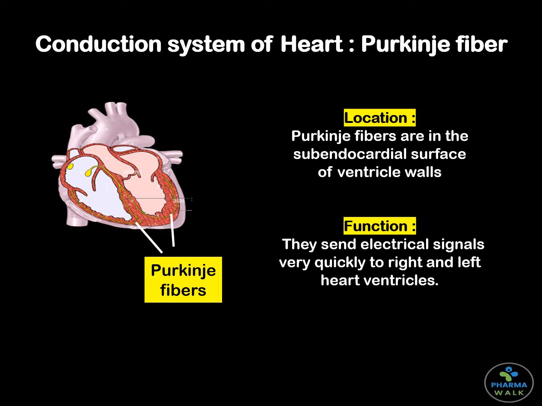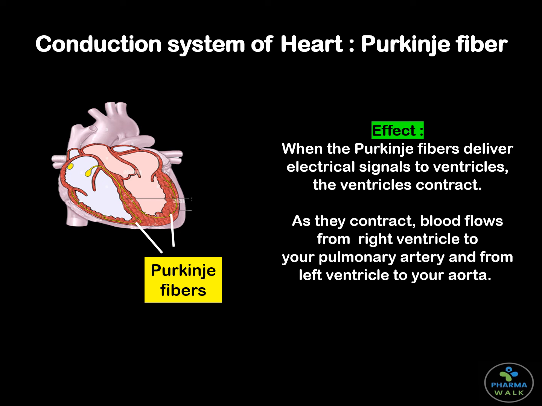And once the ventricles receive the signal via the Purkinje fibers, what is the effect? Effect क्या आएगा? So that leads to the contraction of the ventricle. तो जब भी contraction होगा, blood pump होगा. If the atrium contracts, atrium से blood pump होगा. अगर ventricle contract होता है, तो ventricle से blood pump होता है. So at the time of contraction of the ventricle, from the right ventricle, the deoxygenated blood enters into the pulmonary artery, and from the left ventricle, the oxygenated blood enters into the aorta.